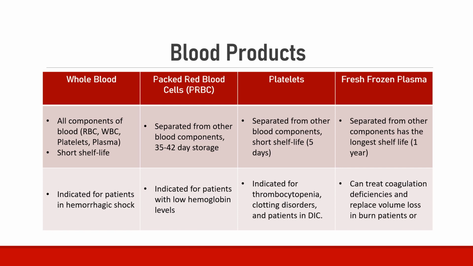When PRBCs or packed red blood cells are separated from the whole blood, they have a 35 to 42 day storage, and there are some factors in there, including what's in the bag to keep those red blood cells from clotting. There are different chemicals they put in there, and then what temperature it is stored at, and so on. But as these products sit on a shelf, it is important for you to know that the longer they sit on the shelf, the less effective they are.